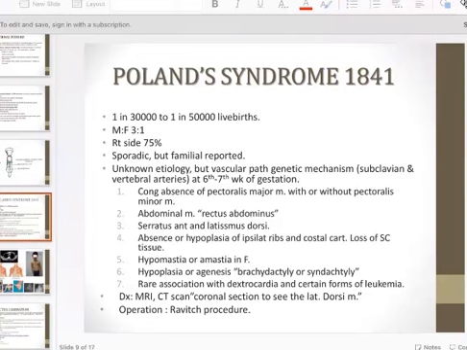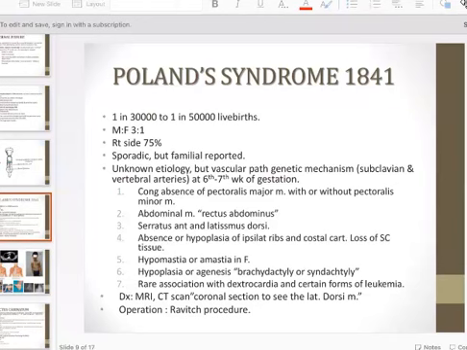This is sporadic, not familial. The etiology is unknown, but they blame vascular pathology, because of abnormality of the subclavian or vertebral artery. This abnormality occurs at the 6th and 7th week of gestational age.